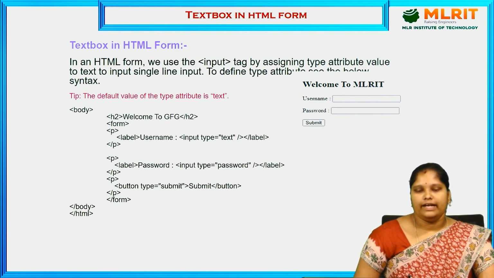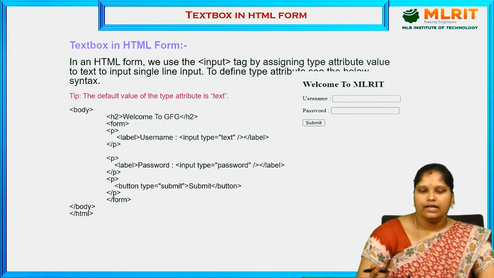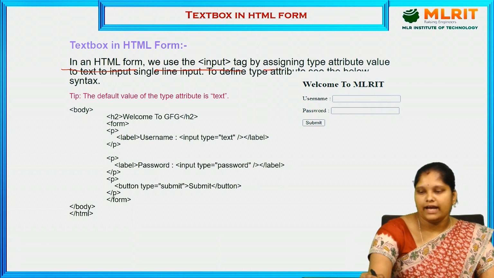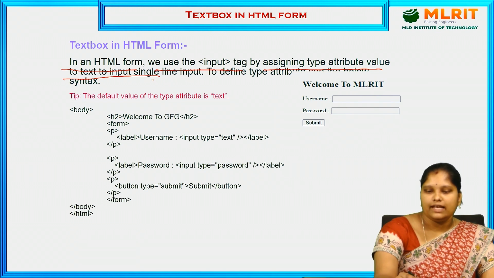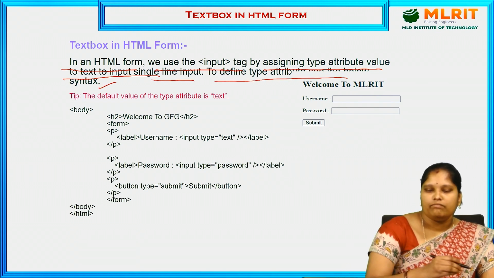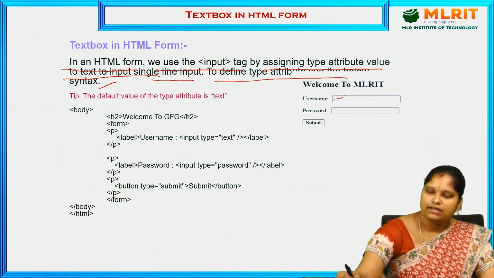The first form element is the text box. In an HTML form, we use the input tag by assigning the type attribute value text for single line input, defined using the syntax below. This is the text box.